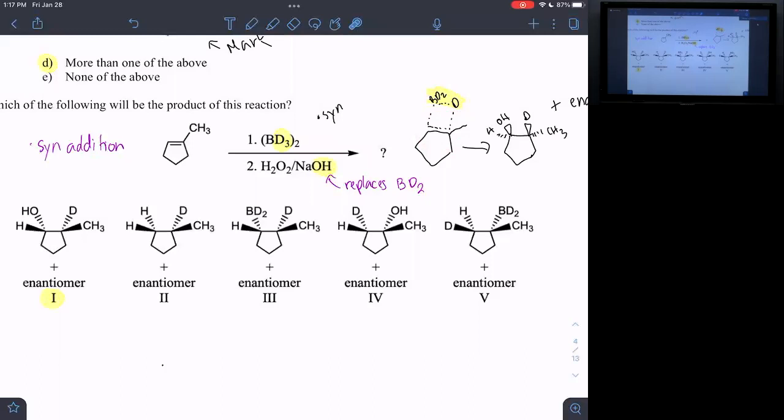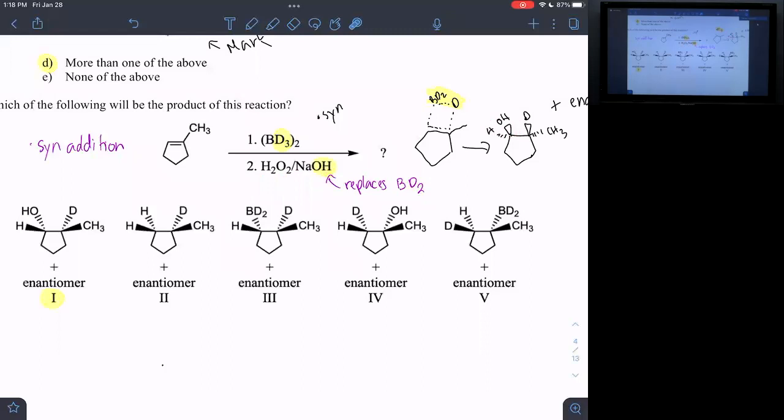And another thing people sometimes get confused about is that for the OH, they'll put OD. I did that quite a few times, but since that step is completely separate from the hydroboration, it's its own thing with H2O2 and NaOH, you're not going to do anything to the alcohol. It's just going to stay a normal alcohol.